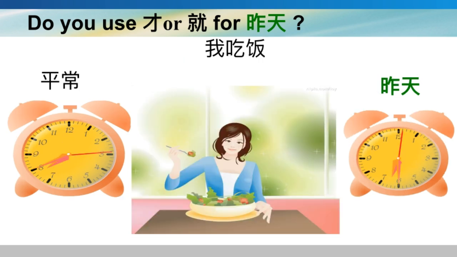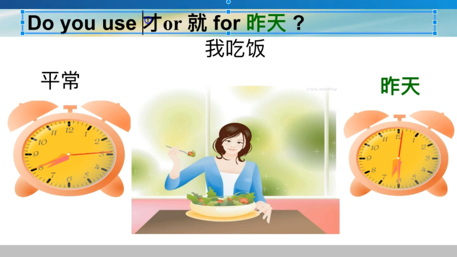Let's look at another example. 我吃饭。这个人平常7点40吃饭，但是昨天7点30就吃饭了。So would we use 就 or 才? Well, 昨天 she ate earlier than expected.